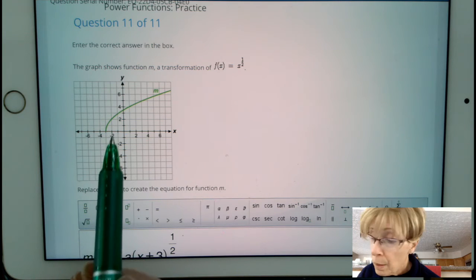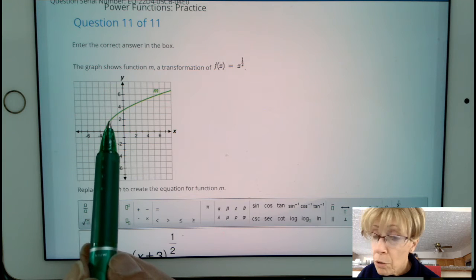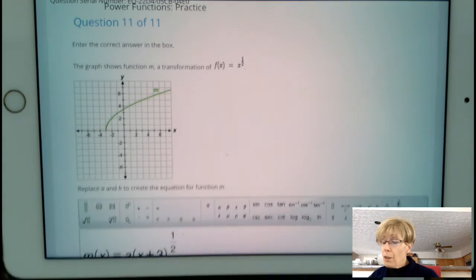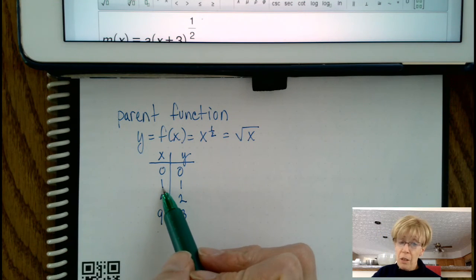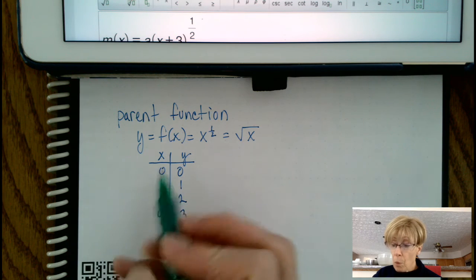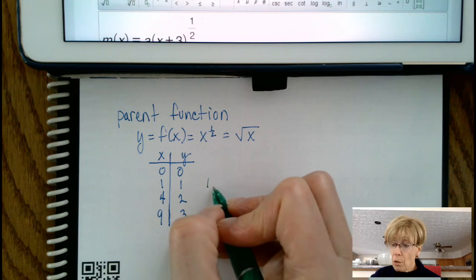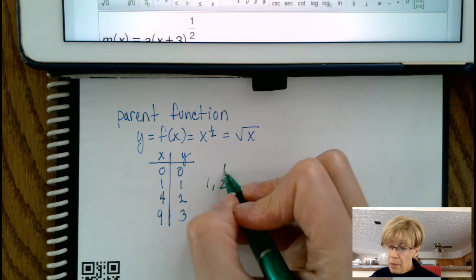Again, if I go back to the parent function, the original would have been 1 space to the right, because that's an x value, we move right or left, and then 1 space up. Well, we move 1 space to the right and 2 up. Again, because this y value changes, it is a vertical stretch.